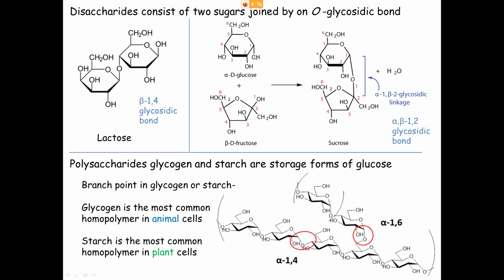And number 1 is down, so it's alpha, and that matters here. And in the second one, we have fructose. And if you look at it, number 2 is the new chiral center, right? Number 1 was not chiral because this was a ketose. Number 2 is the new chiral center. It wasn't before, it is now. The OH is pointed up, so it's beta. Then we have number 3 up and number 4 down.